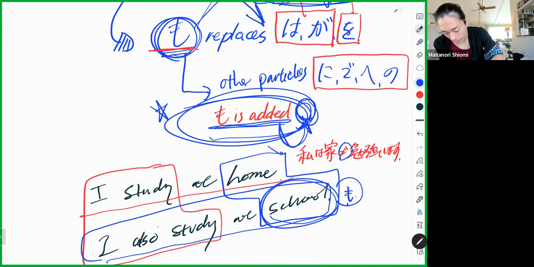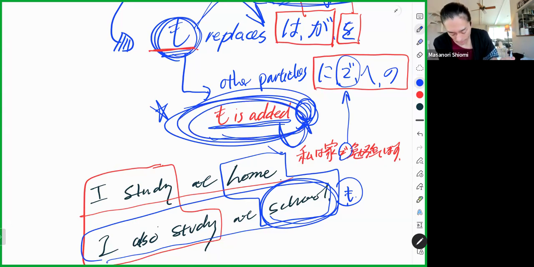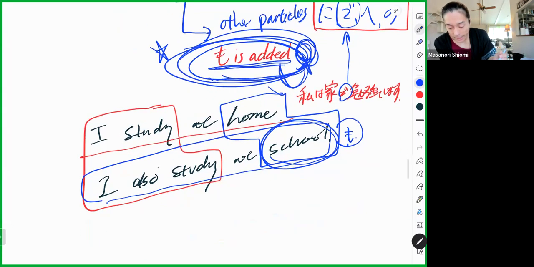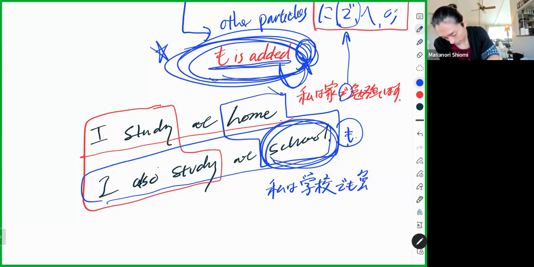And then, like we just covered here, mo doesn't have the ability to cover, replace that. Mo is just added. So we just add after that. So you can say, 私は学校でも勉強します。Sorry, my handwriting, I'm just getting lazy.